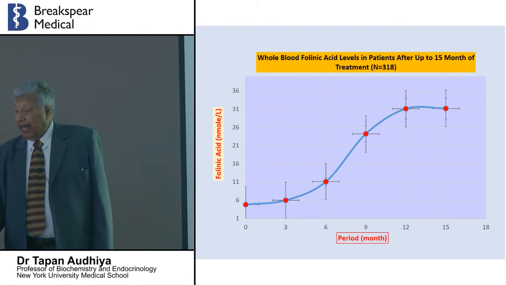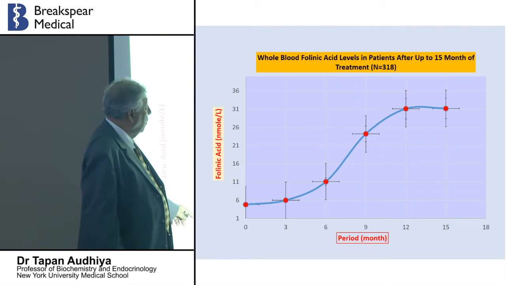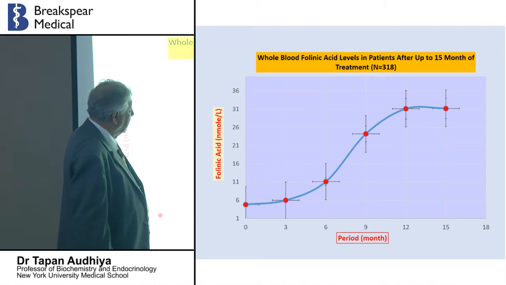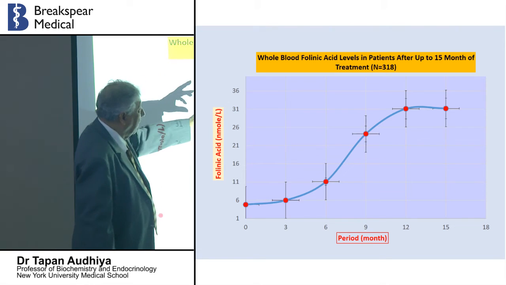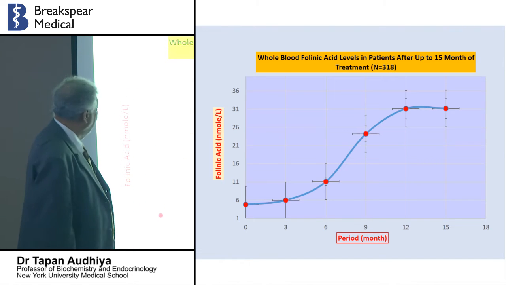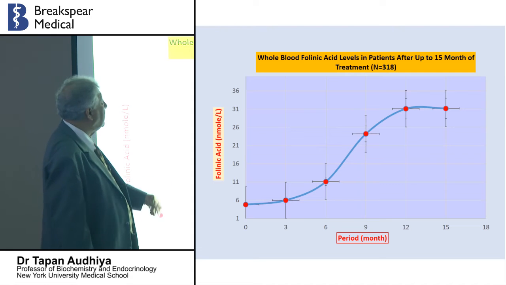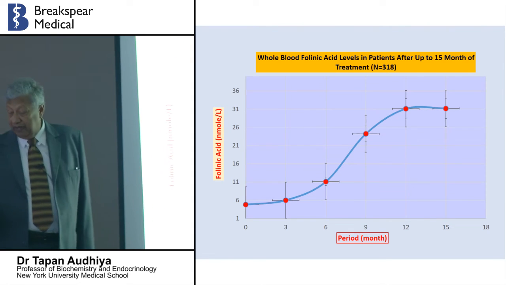This is the folinic acid level. Actually, you can increase it from 6 to, this is a CSF patient also, and from 318 patients, this is a common average of that. So you can increase the folinic acid by a number of other ways, and also by giving folinic acid.